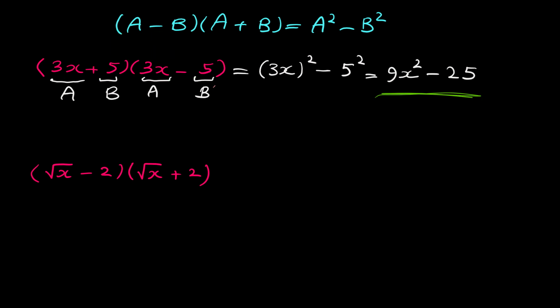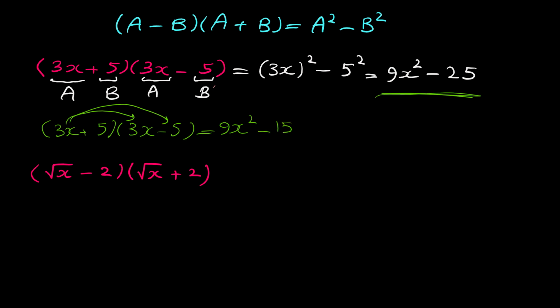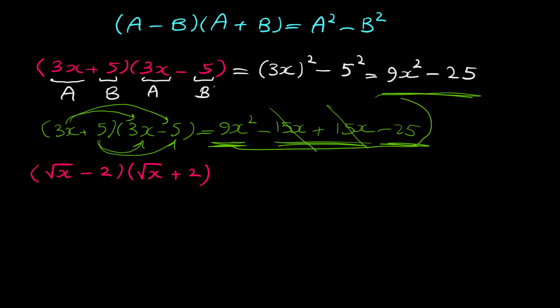Let me show you how you can do it by multiplying these two binomials with the FOIL method. 3x times 3x is 9x to the 2. 3x times negative 5 is negative 15x. 5 times 3x is also 15x. 5 times negative 5 is negative 25. As you can see, these middle terms cancel each other. Negative 15x plus 15x is 0. So the final answer is 9x to the 2 minus 25.